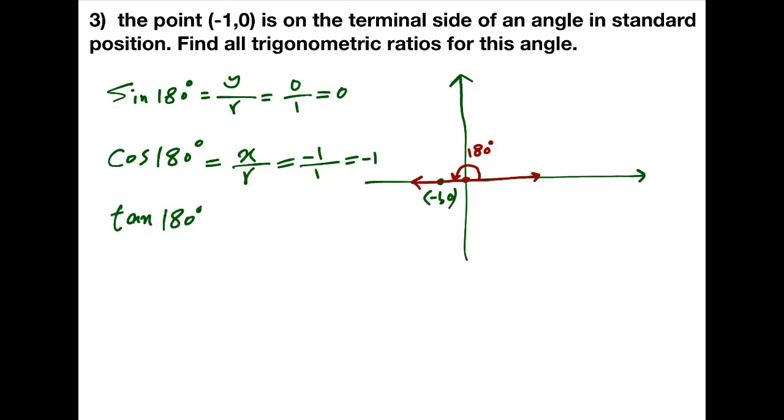Tangent of 180 degrees equals y divided by x. Y is 0, x is -1, and 0 over -1 is just 0. So tangent of 180 is 0. Again, we got the trig ratios for another special angle, which is 180.